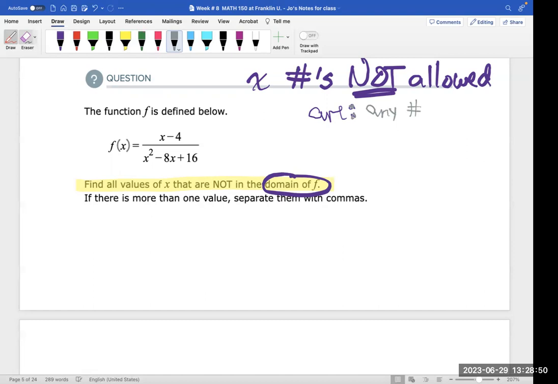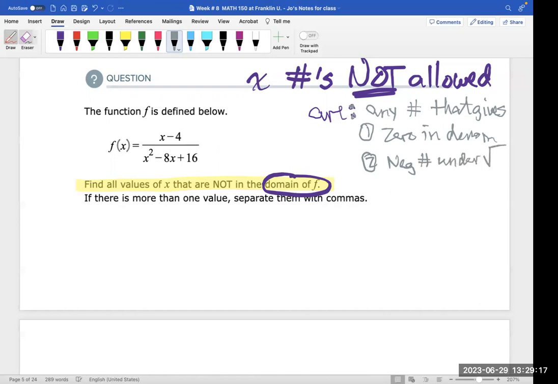Any number that gives you 0 in the denominator or a negative under the radical. All right, here's my denominator.